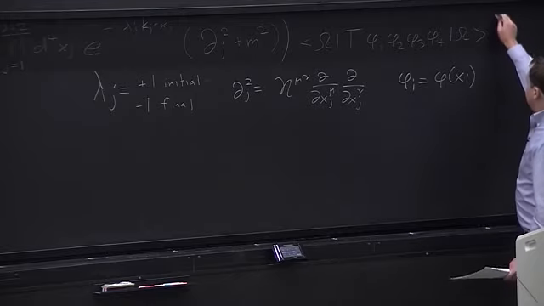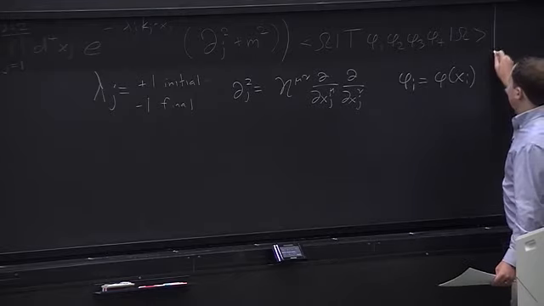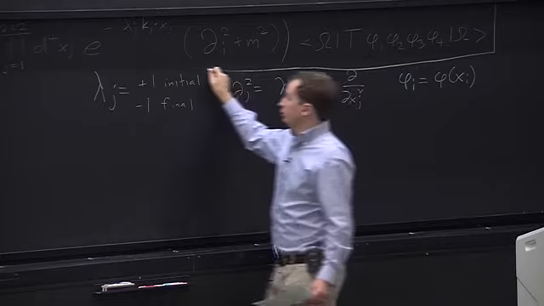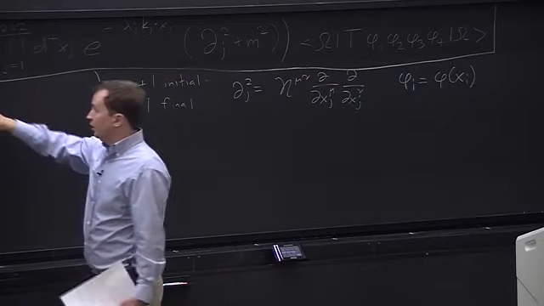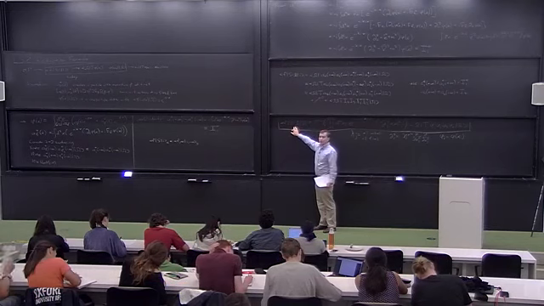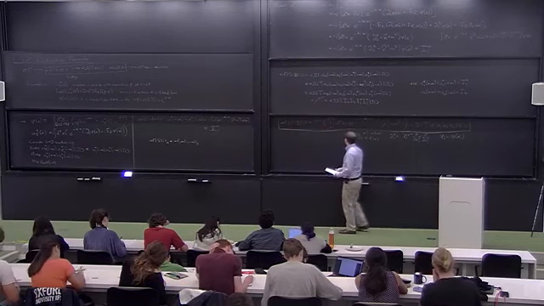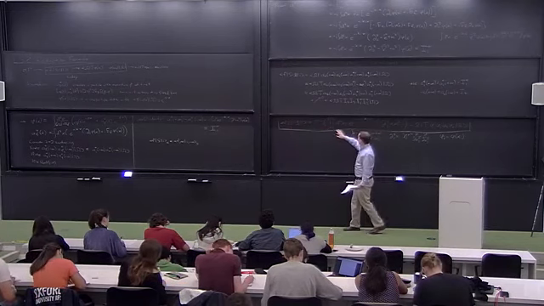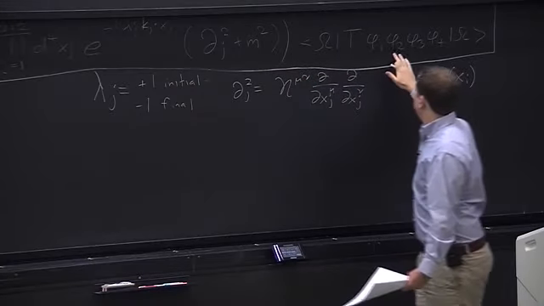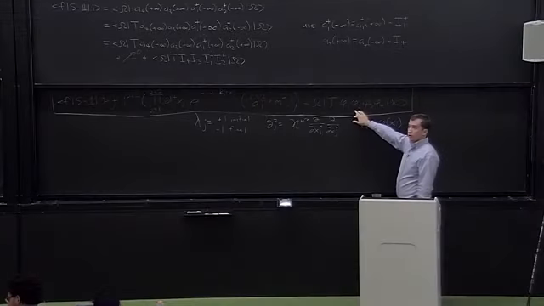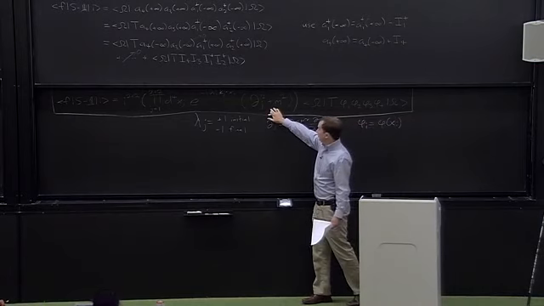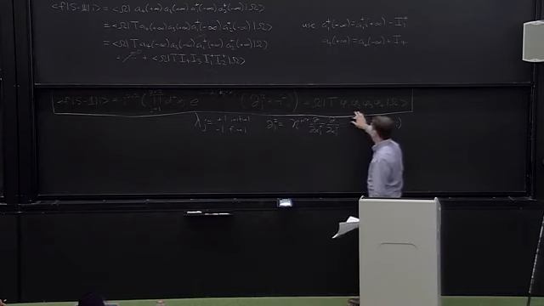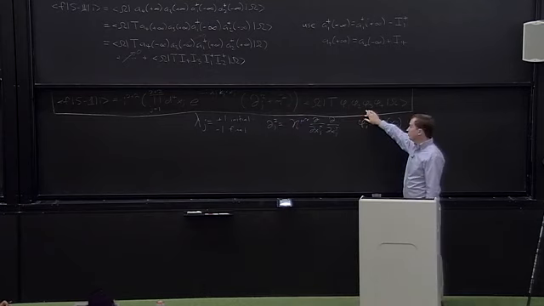So this is the key result of today's lecture. This is the LSZ reduction formula. And what's it telling us? It's telling us that if we've got a scattering amplitude, what we need to do is compute a time-ordered correlation function, and act with Klein-Gordon operators for each of the particles in our external state.